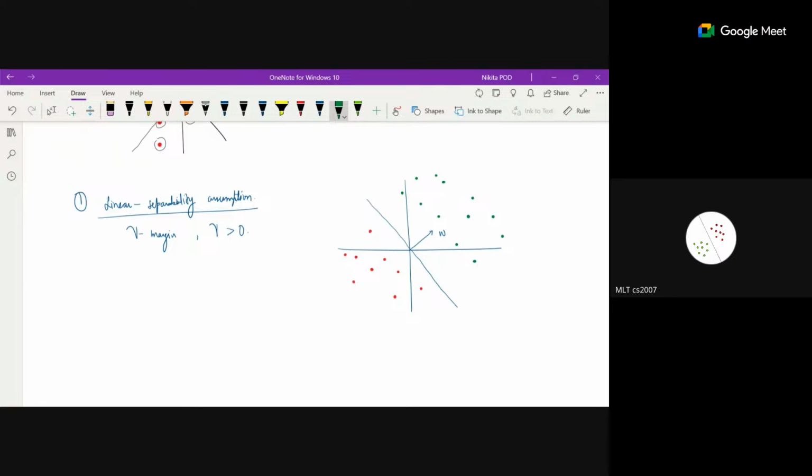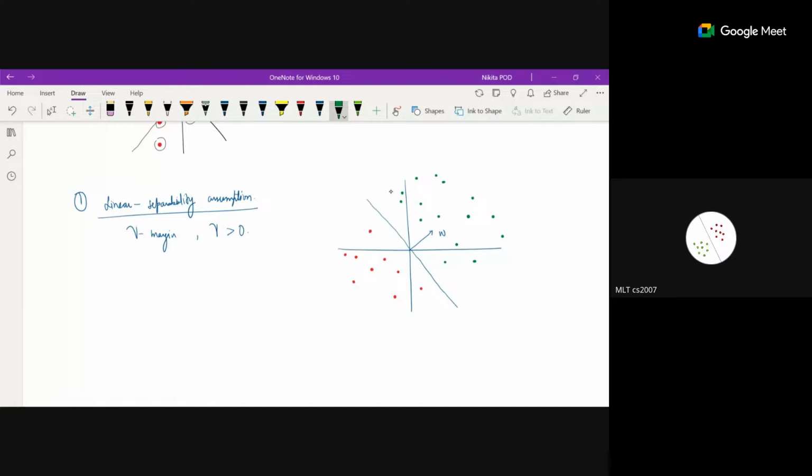This is how my data set looks. Since this data set is linearly separable, but here it is not just linearly separable, it is separable with some gamma margin.